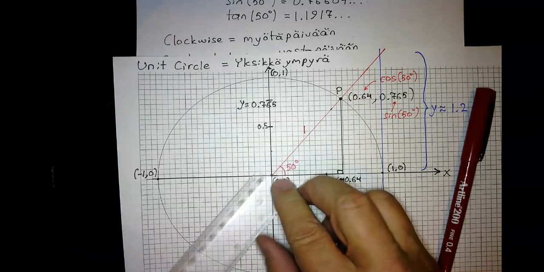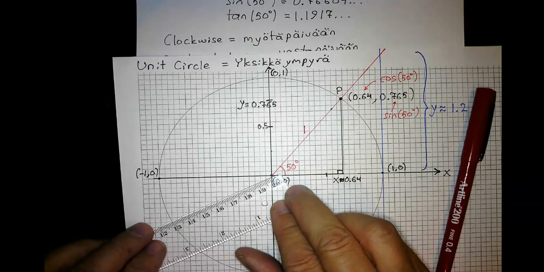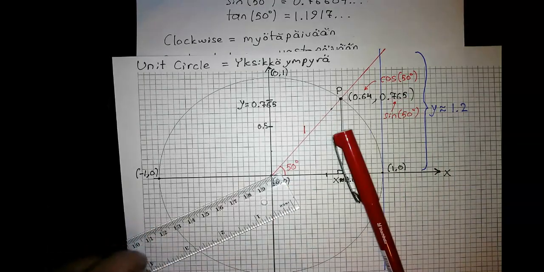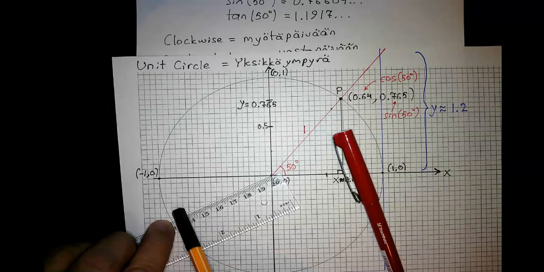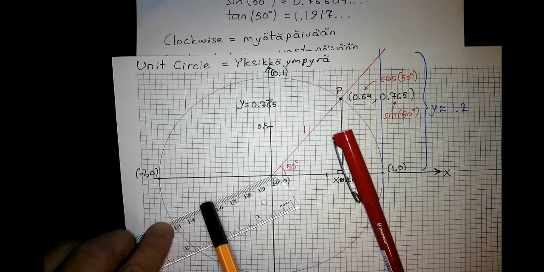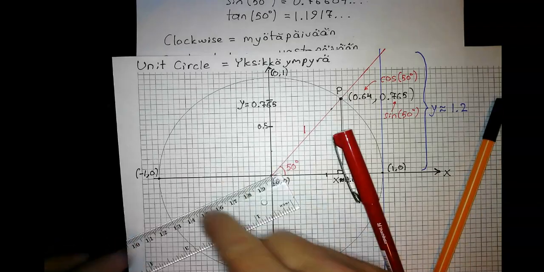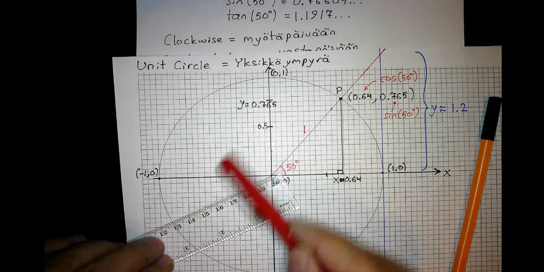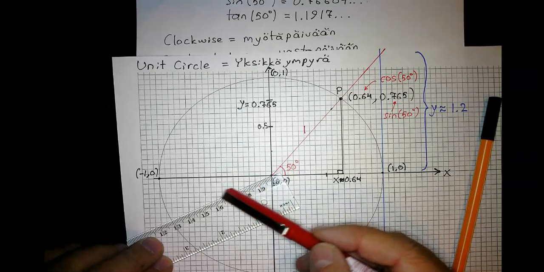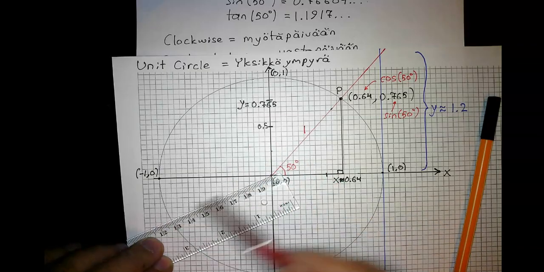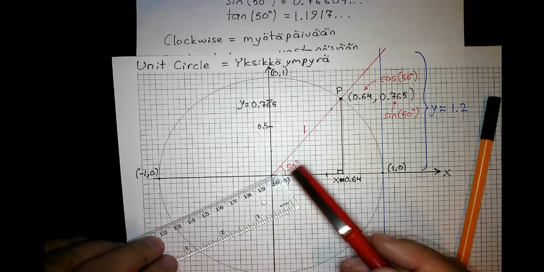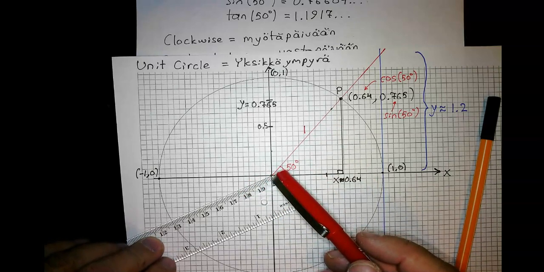And if the angle goes like this here, then you can see that the intersection point is here, and it goes left and down, so both coordinates are negative there. So both cosine and sine get negative values. This is 180 degrees and this is about 30 degrees more, so the angle of this line here would be about 210 degrees.